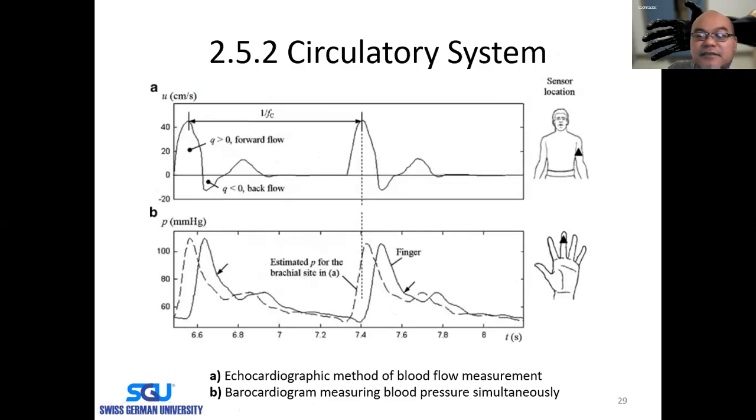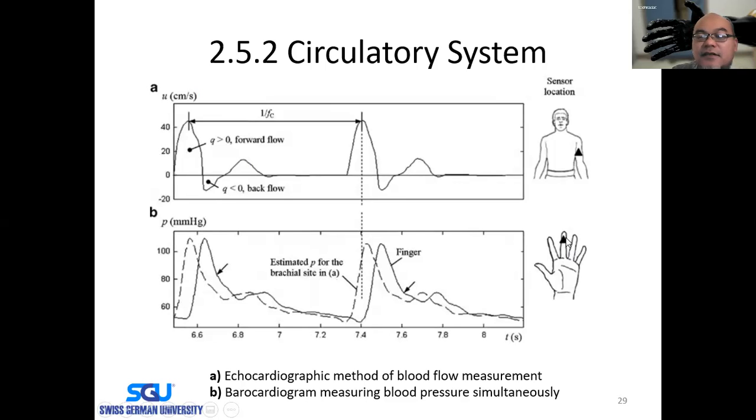Then we can make the blood flow measurement. For example, we can put the sensor here, using echocardiographic, an ultrasound sensor at one of the veins here, or using barocardiogram measurement, measuring blood pressure simultaneously.